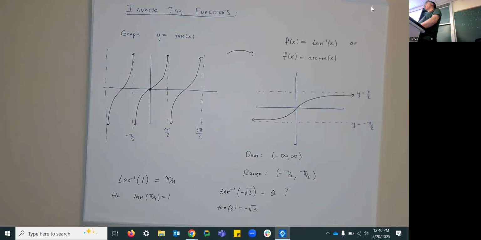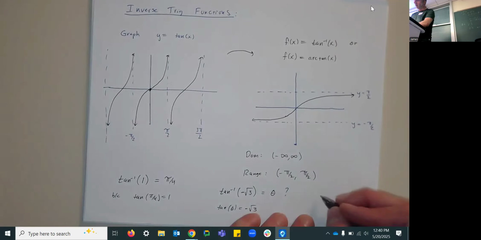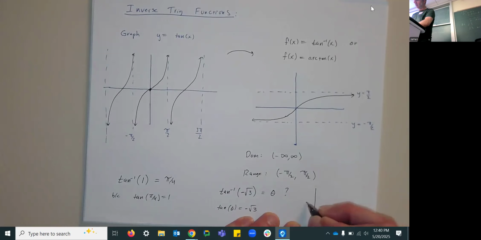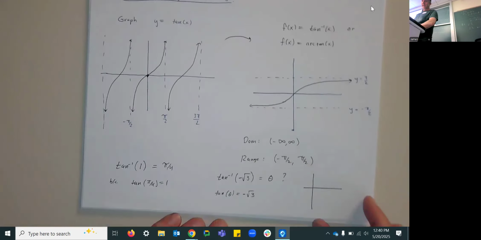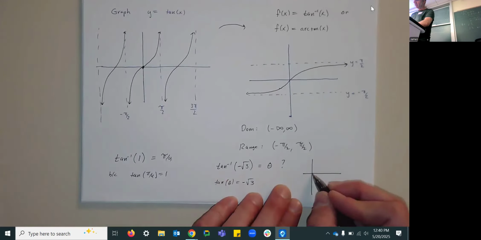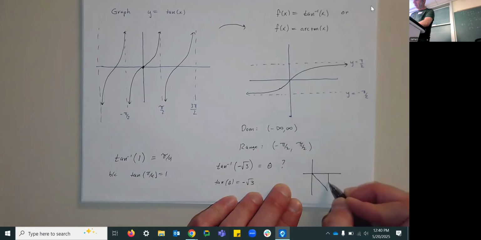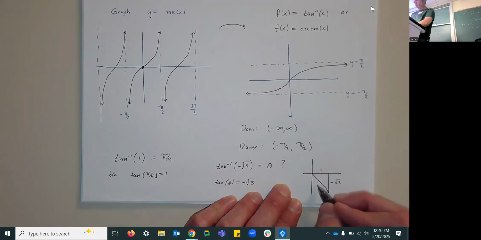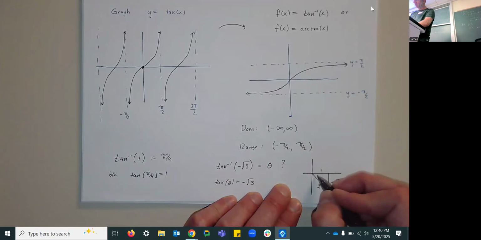So I'd probably draw a triangle. Say, okay, well, I know that in my triangle, tangent should be opposite over adjacent. So it's going to be something like the opposite side being negative root 3, the adjacent side being 1, and this side being 2.